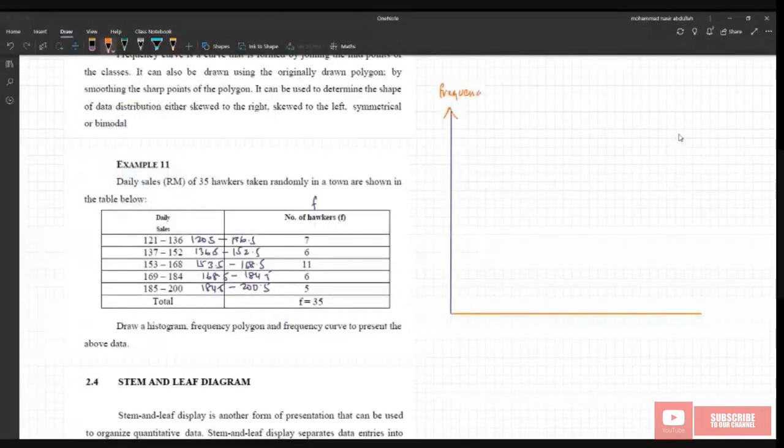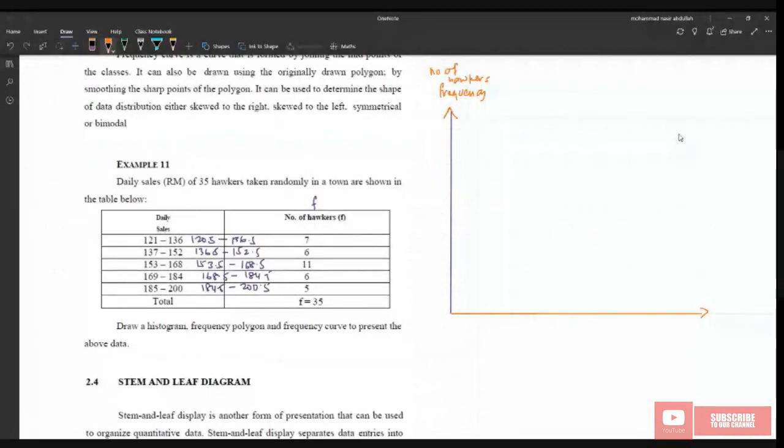So in this case it is the number of hawkers, right? And x axis represents class boundary. Class boundary in this case is the daily sales, right? We start to draw histogram from the zero origin.